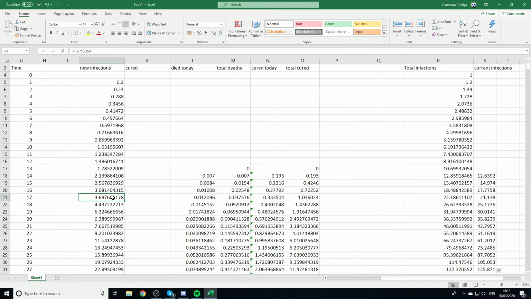Now our new infections, we've done R20, which was this cell here. But we haven't taken into effect that some people have got better and some people have died. So we do need to change that formula. We could probably change it to here. $D$9 is still our infection rate, but R18 is now current infections.